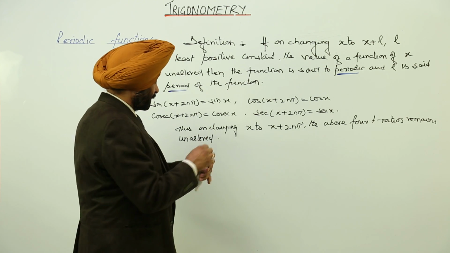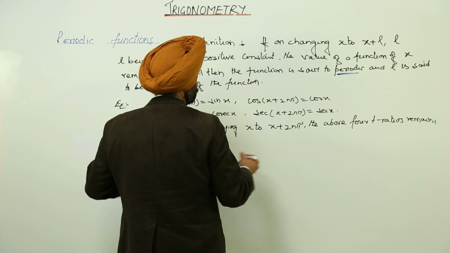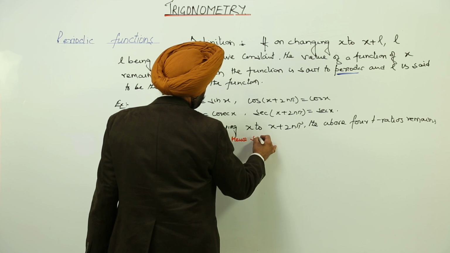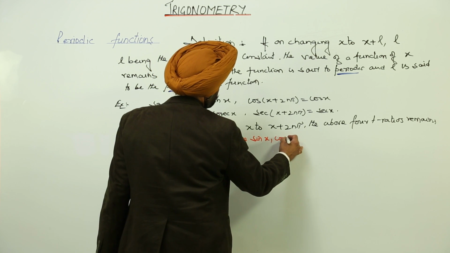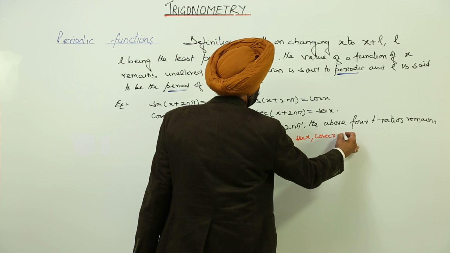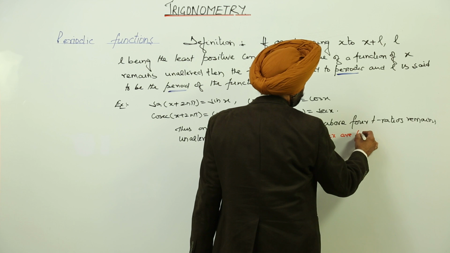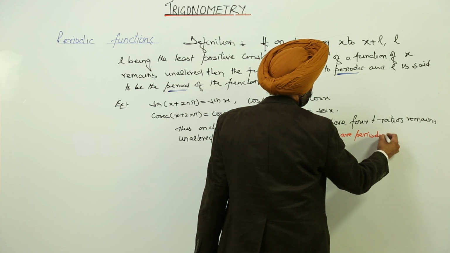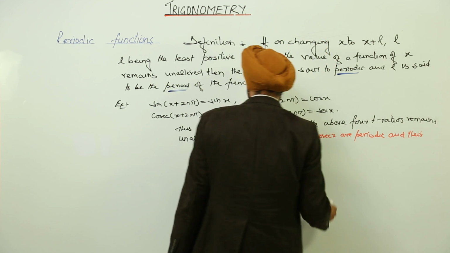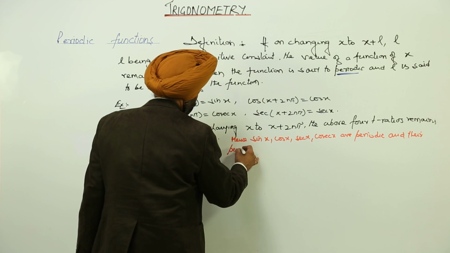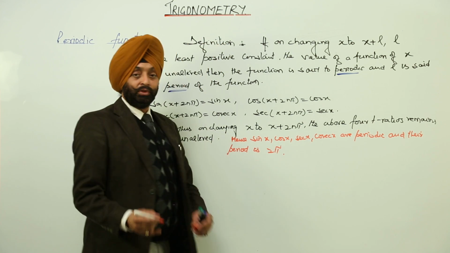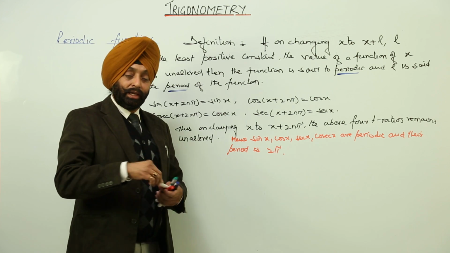Now what the terms are here? Hence sin x, cos x, secant x, cosecant x are periodic, and their period is 2 pi. Now we are left with 2 more t ratios, that is tan and cot.